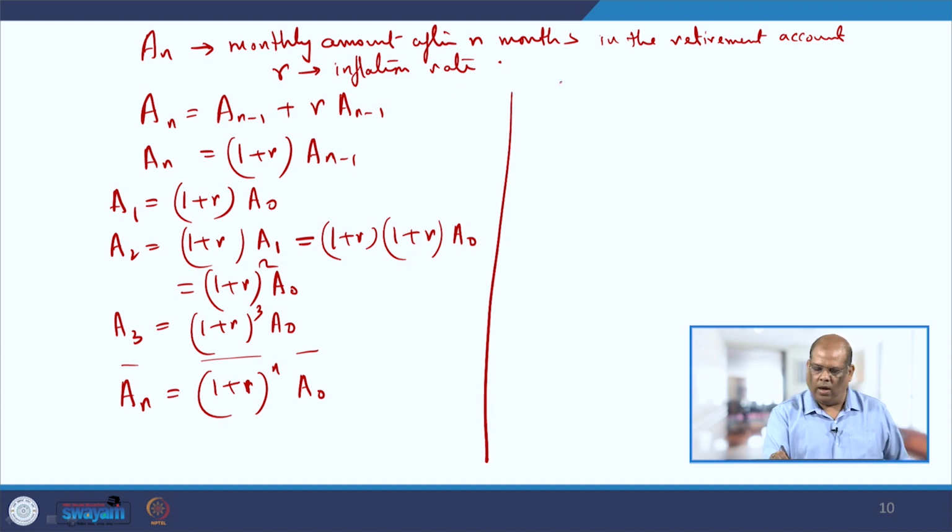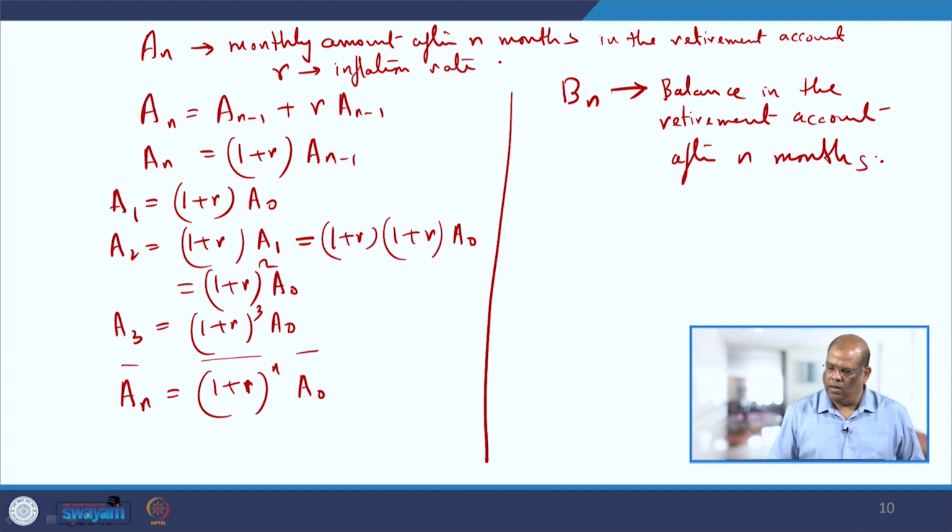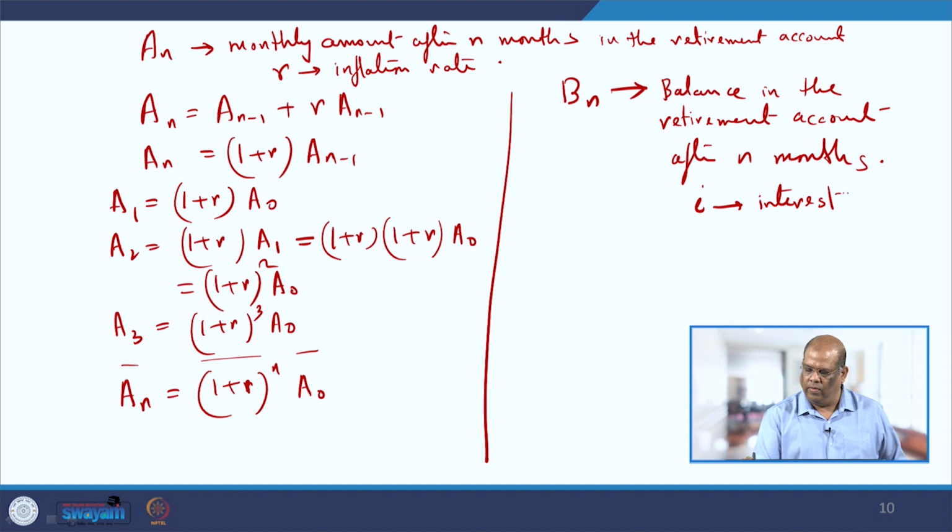Let us take another variable Bn. This gives the balance in the retirement account after n months, and let I be the interest rate and B0 your initial value.